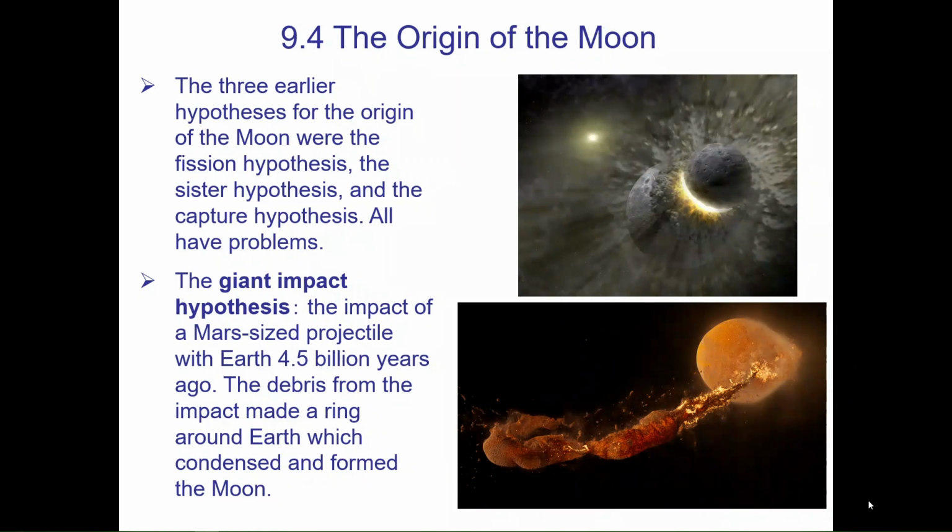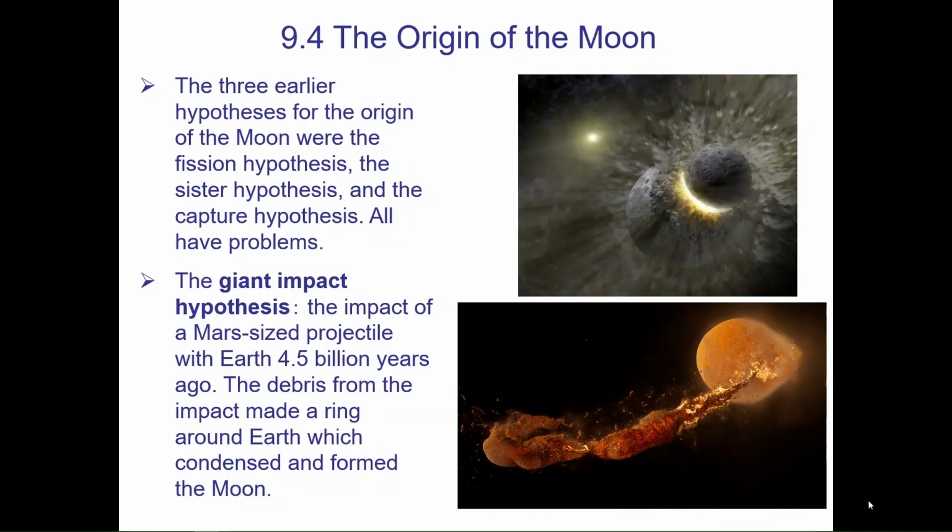What we actually know, from analyzing the lunar samples brought back by the Apollo missions, is that there is a lot of similarity between Earth's mantle and crust and the moon. We even find identical fractions of some major isotopes in the lunar samples. That indicates a very close relation between Earth's crust and mantle and the formation of the moon.